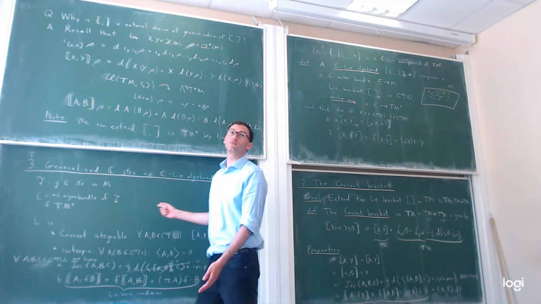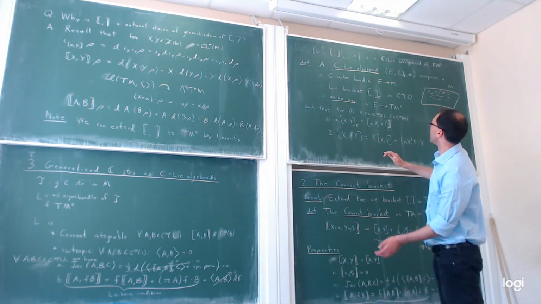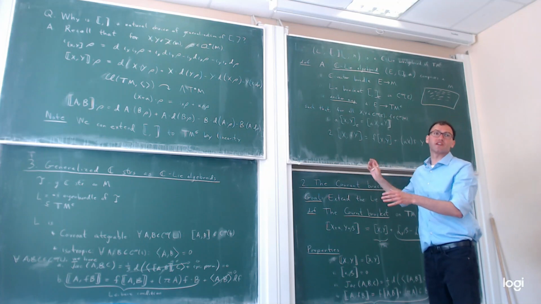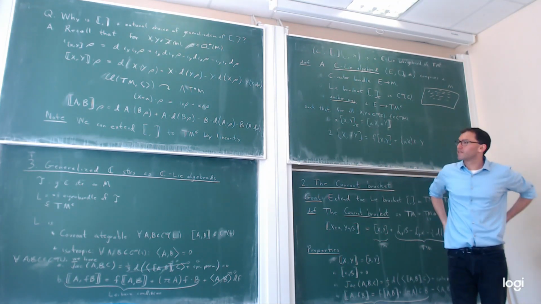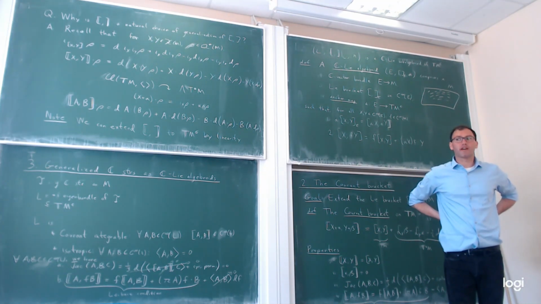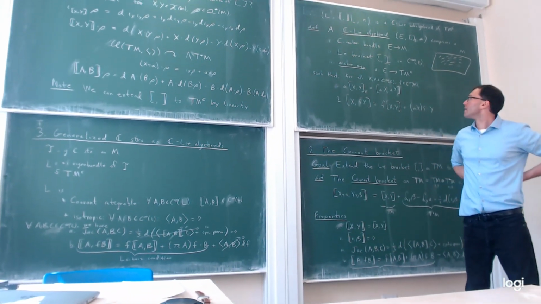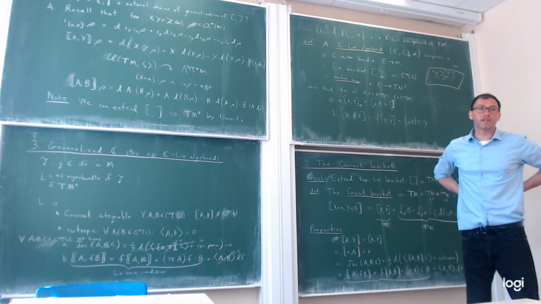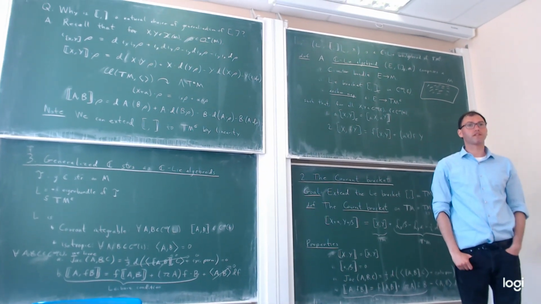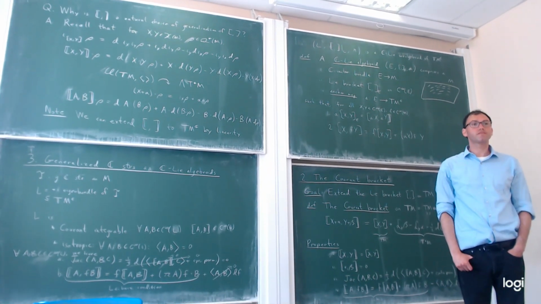But in the real setting, we can remove all this complexification stuff, and the Dirac structure then gives us a Lie subalgebroid of the extended tangent bundle.